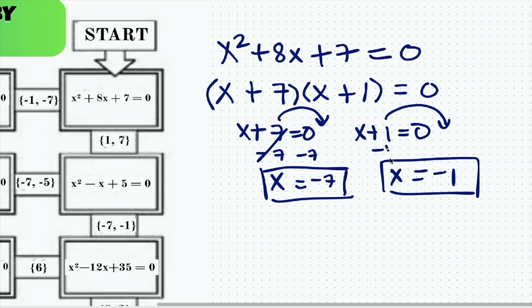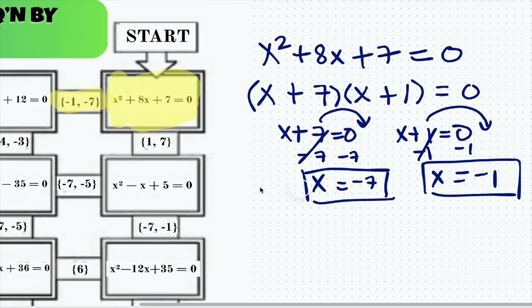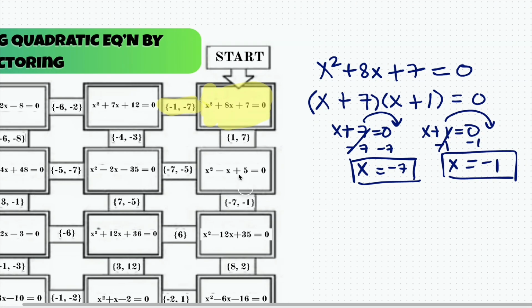So the two answers would be negative 7 and negative 1. It can be vice versa: negative 1 and negative 7, or negative 7 and negative 1.